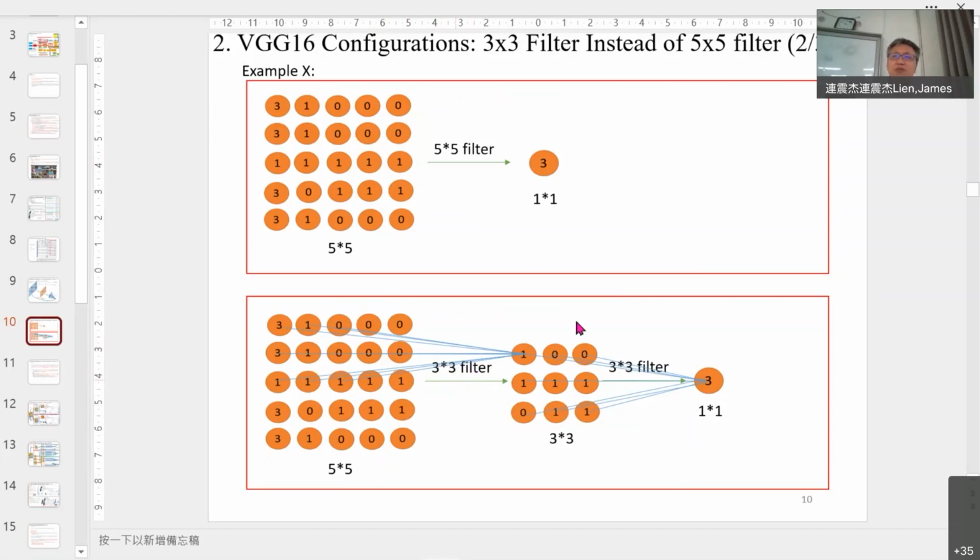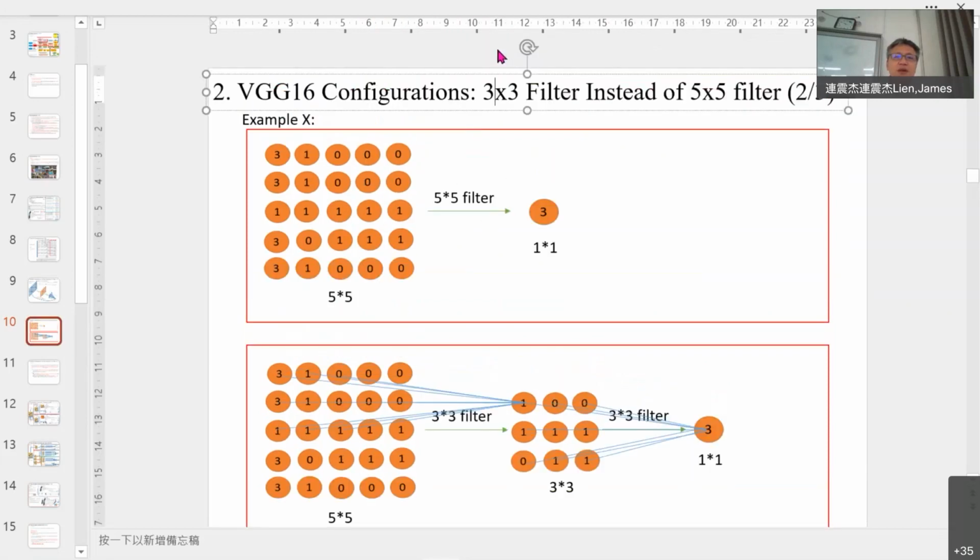So still the total parameters are less than 25.